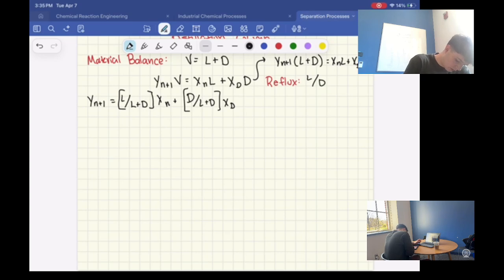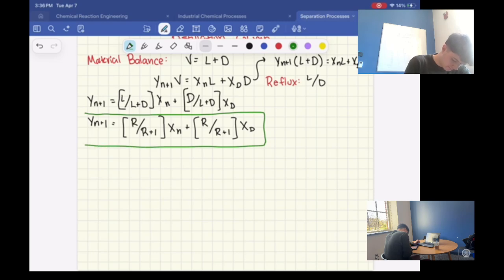You get y sub n plus 1 equals R over R plus 1 times the value x_n, plus R over the same fraction R plus 1, all times x_D. Now I will put a box around this. I will label it.